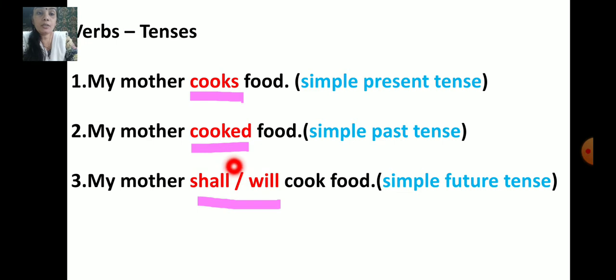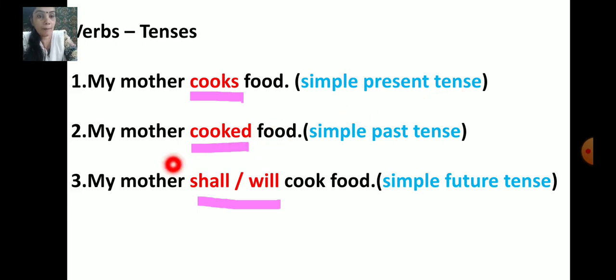So in the first sentence, the verb cooks indicates the present action of the mother. So it is said to be simple present tense.